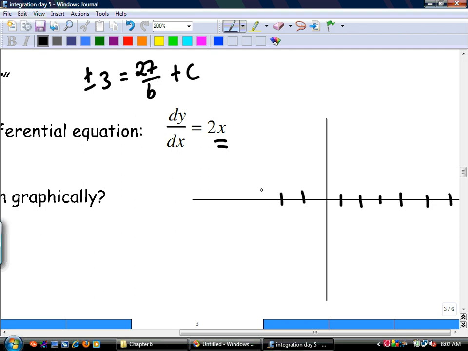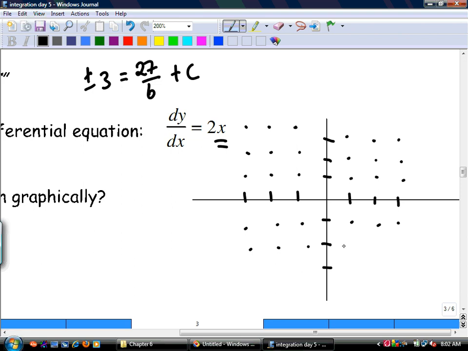I'm just going to draw some, whoa, way too many dots. Holy, that's bright. Okay.